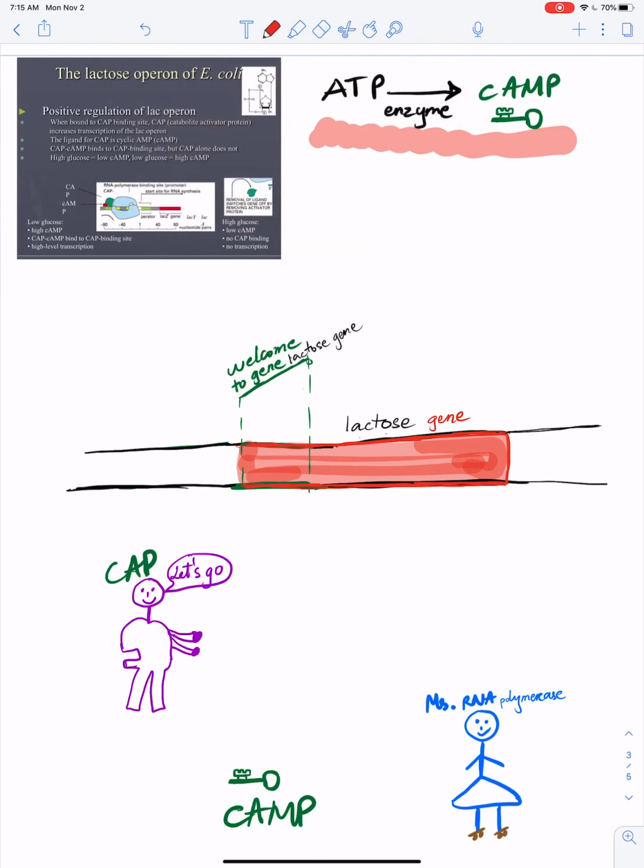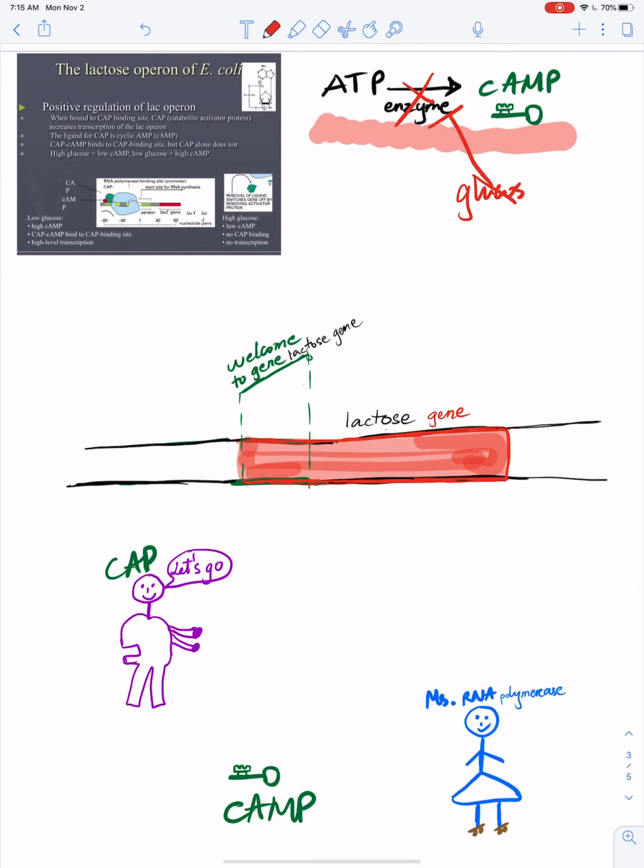If you have glucose in your body, that will inhibit the generation of cAMP from ATP. So if you want positive regulation to happen, you have to make sure there's no glucose in the body.